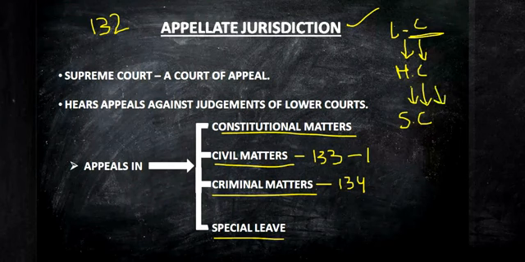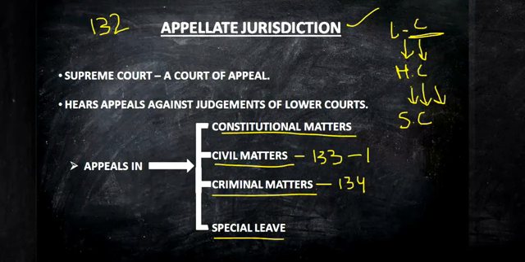Is it clear? Now the second situation is that if the High Court has withdrawn a case from the lower court and sentenced the accused to death. That means a case is under trial in the lower court and no judgment has been given yet. But still the High Court has taken that particular case from the lower court as it felt that that particular case is of great importance.